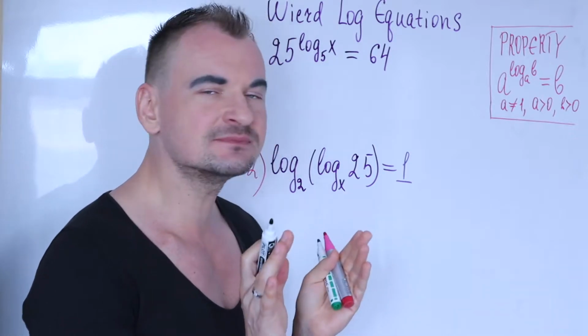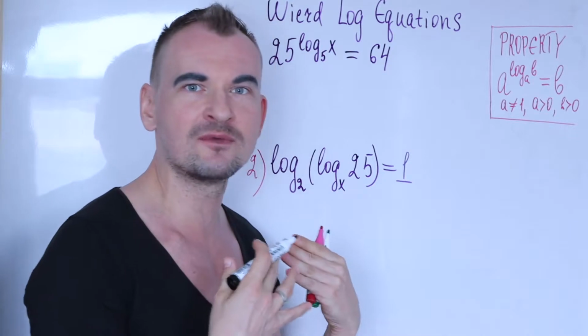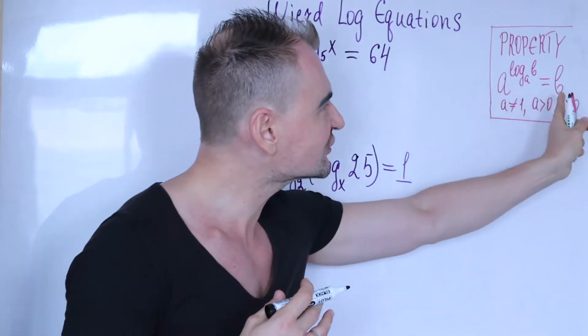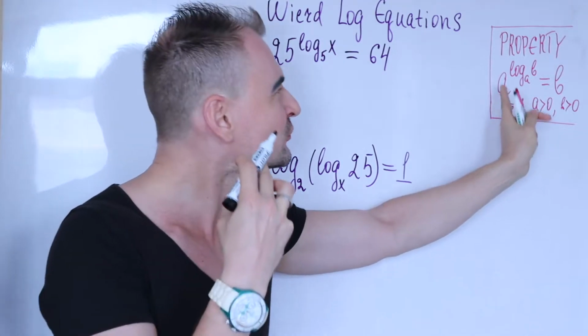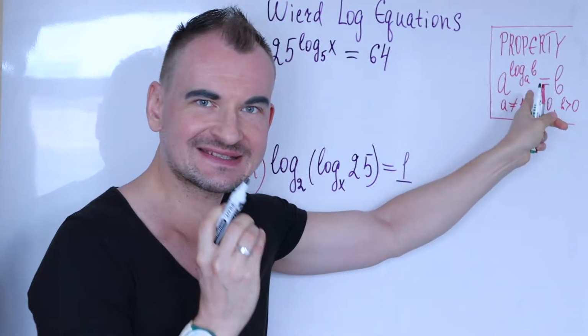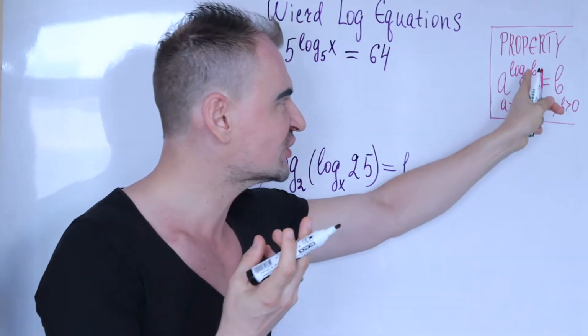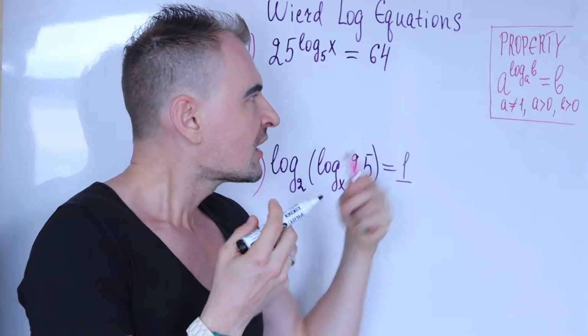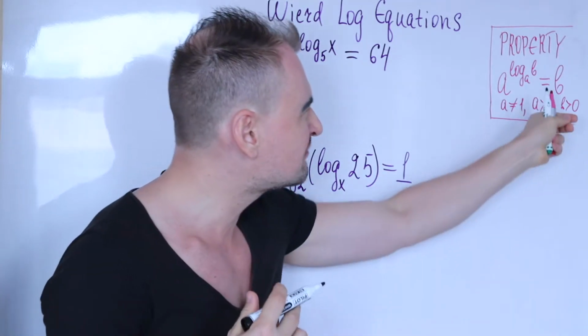Well, there is another property that can be applied over there, and all it says is that if you have a raised to the log to the same base a of any number, let's say b, it simplifies, it reduces to just b.